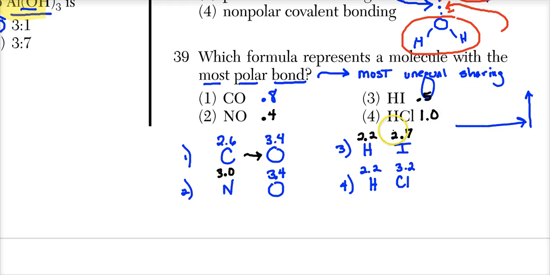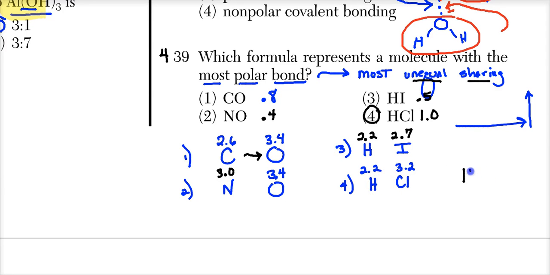So the formula that represents a molecule with the most polar bond, which means the most unequal sharing or the greatest difference in electronegativity, is choice 4, hydrochloric acid, HCl. All right. So the greater the difference in electronegativity, the more unequal sharing you have.